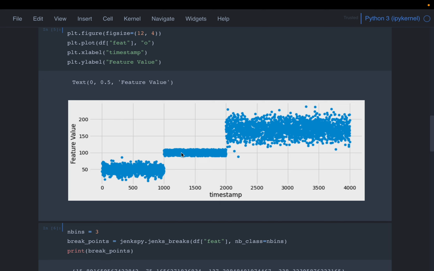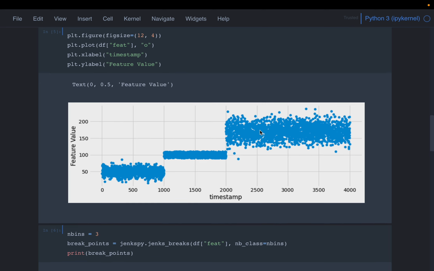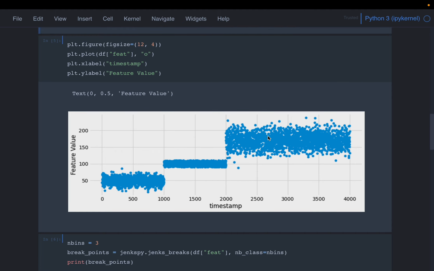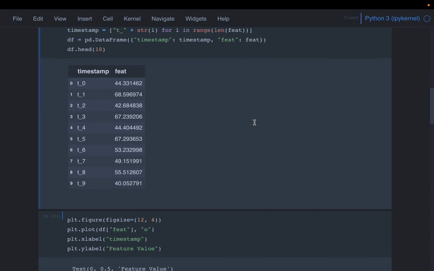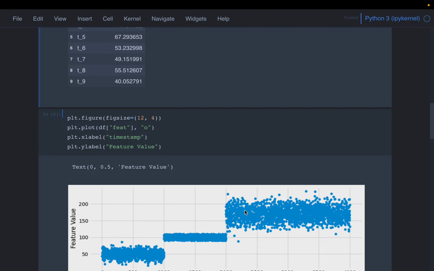Here we have the equal spread. And the final one has more data points, double the data points, also a higher standard deviation of 20 with a mean of 170.